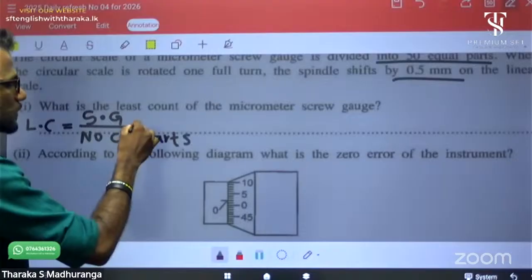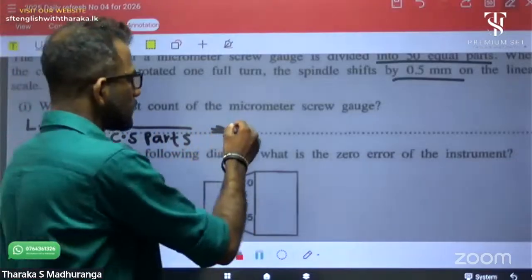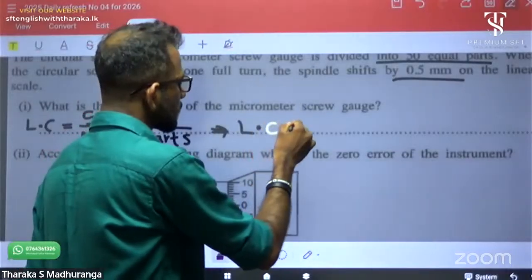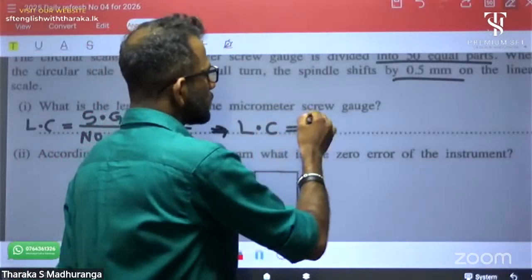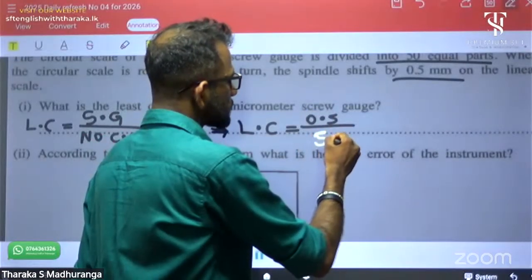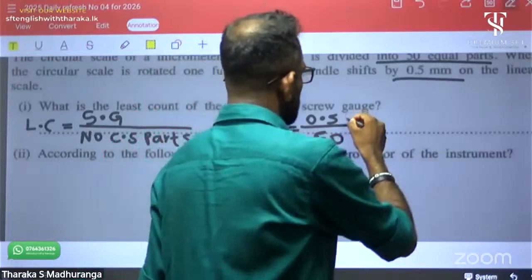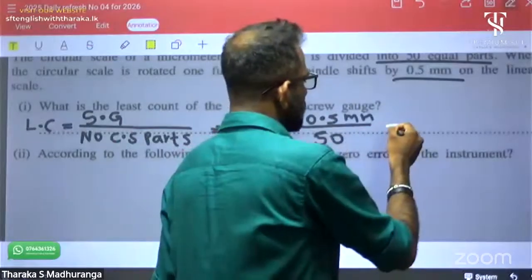Now you can get the least count: 0.5 millimeter over 50.